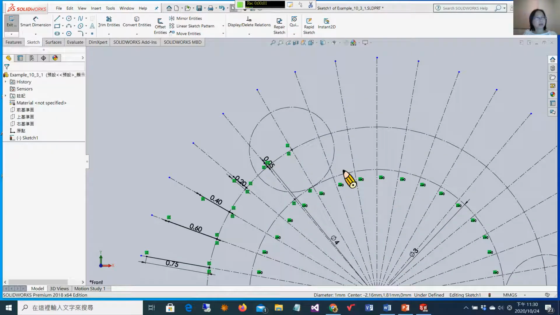These endpoints are the roller center positions, so we can draw a roller circle at every cam angle.